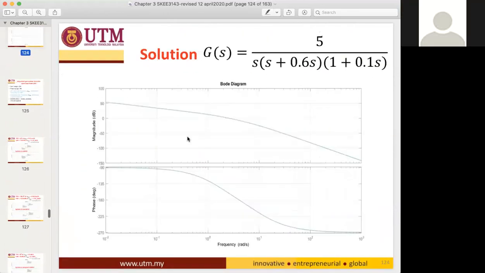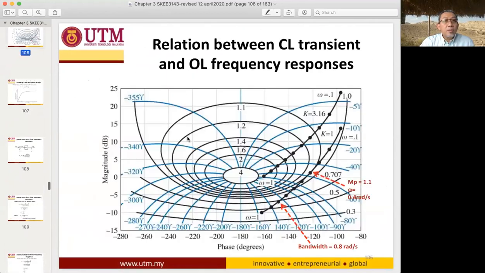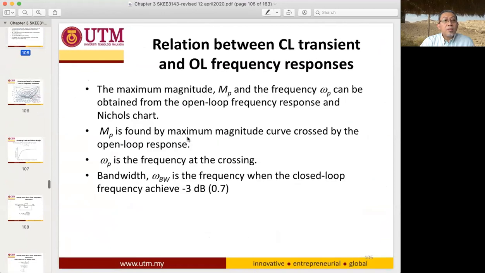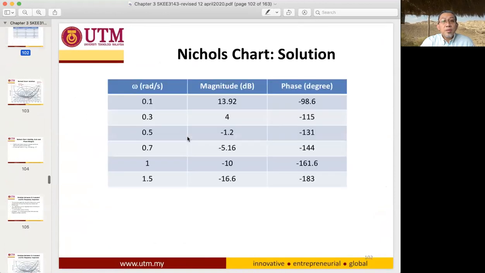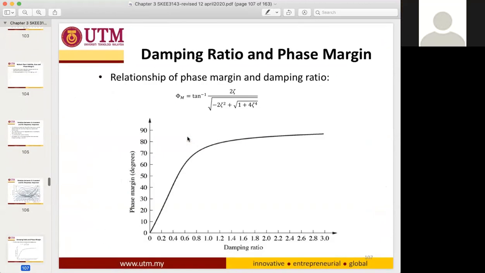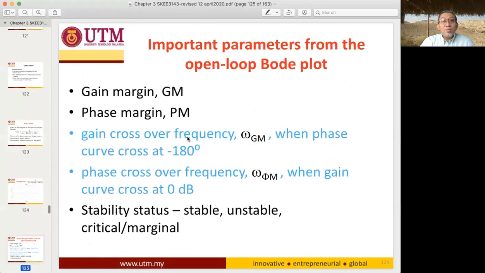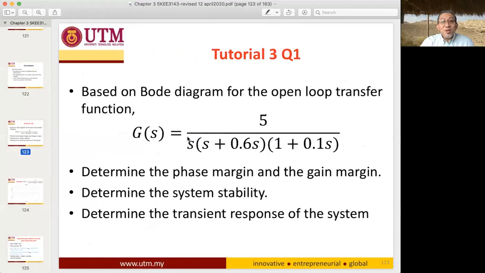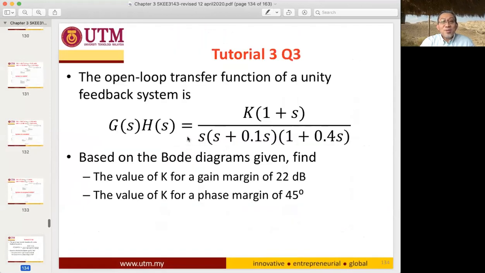Ada masa? Nampak? Yang ni ke? Sekejap. Tutorial 3, question 3. Okay. Ni. This one.